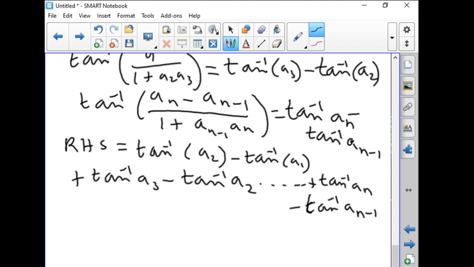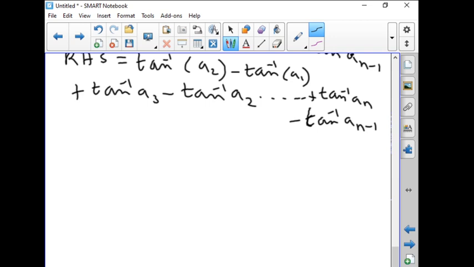When you check, all the terms get cancelled except tan inverse of An minus tan inverse of A1. This term gets cancelled, tan inverse of A3 and the next term get cancelled, and similarly all the terms get cancelled.